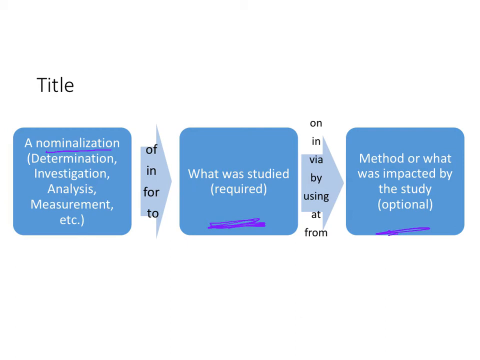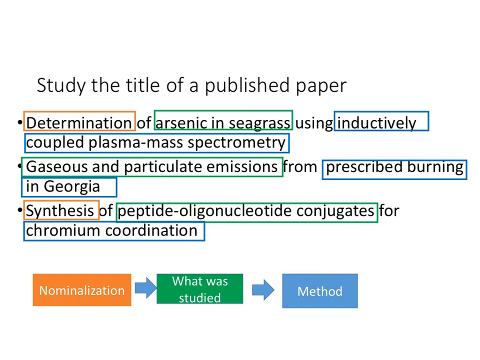So again, it's a nominalization, what was done: determination, investigation, synthesis, measurement, analysis, calculation, something like that, of whatever the topic is, and then "using" or "by" whatever method, or whatever it impacted. So let's look at a couple examples. This is a little bit cluttered here, but I've tried to identify the nominalizations, what was studied, and the methods. Nominalizations are in orange, what was studied are in green, and methods are in blue.